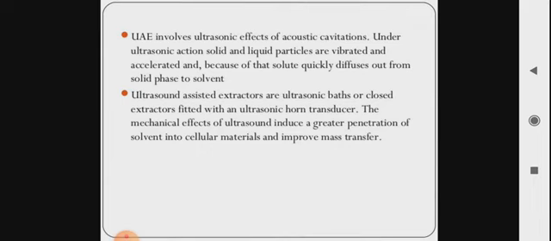Because of the vibrations due to the ultrasound wave that passes through the sample, there will be a very great penetration of solvent into the plant material, and the active constituents come out quickly from the plant material. Improved mass transfer, in short.